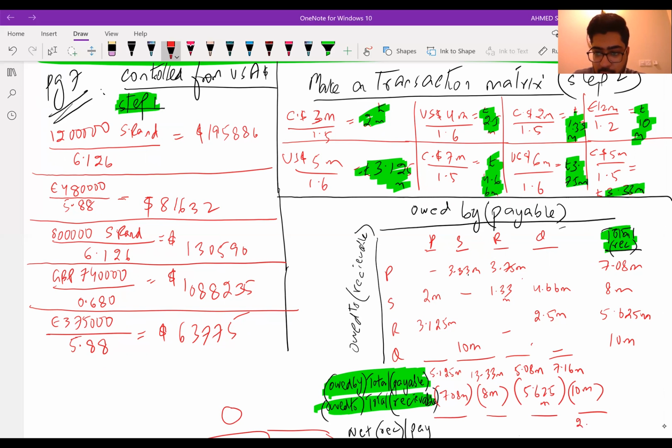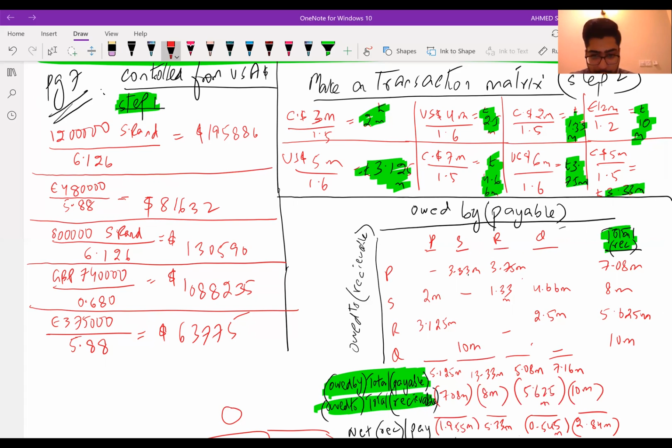So it's 2.84 million negative, 0.545 million negative, 5.33 million positive, and 1.955 negative.